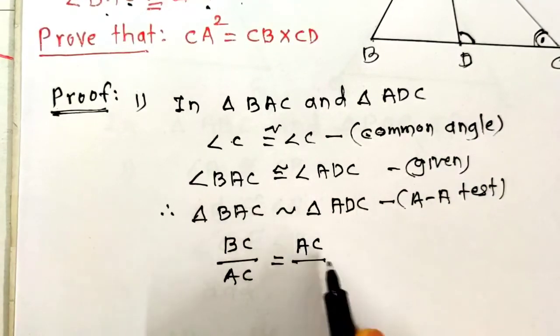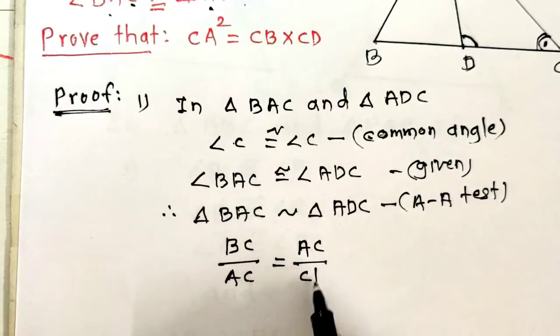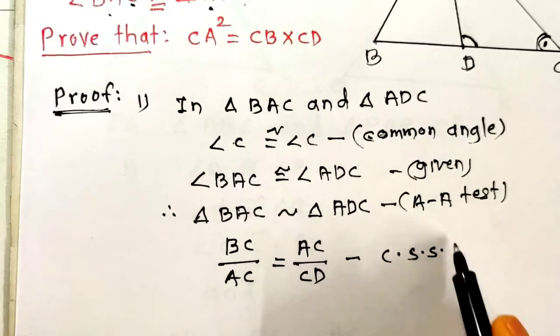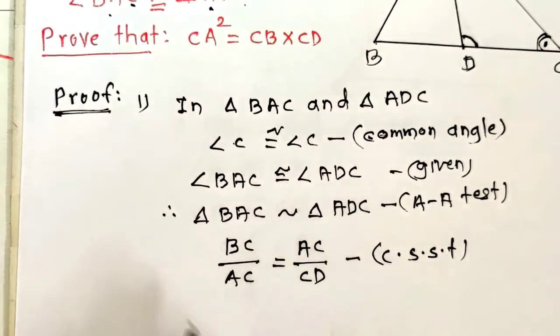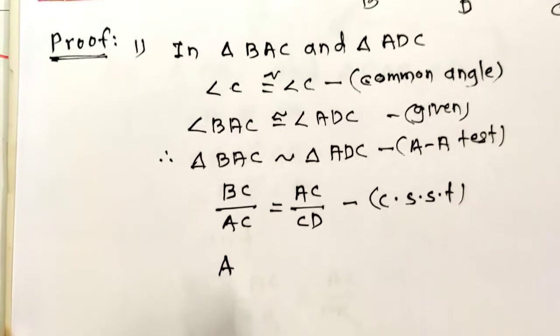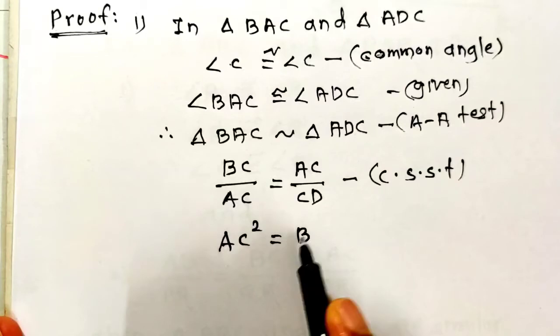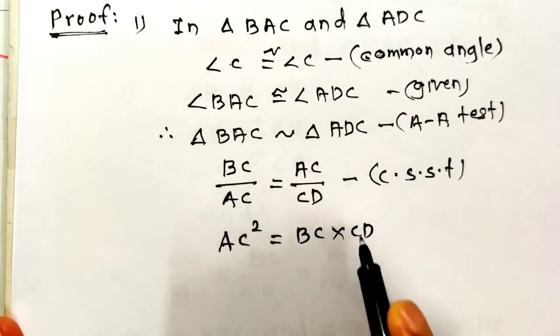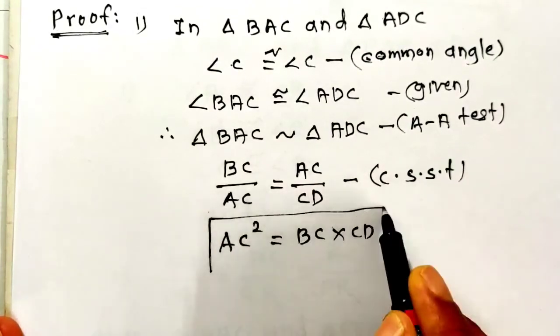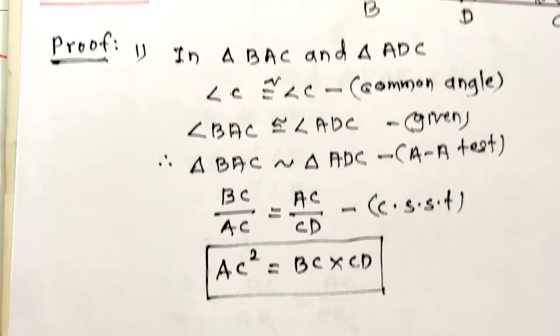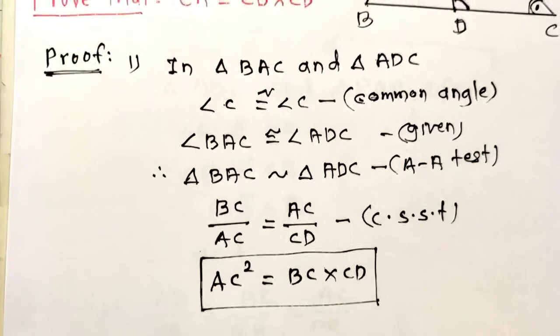This can be written as DC or CD. Reason, corresponding sides of similar triangles. By cross multiplication, AC into AC, we get AC square is equal to BC into CD. So in this way, by cross multiplication, we can prove our result. So this is the easiest sum.